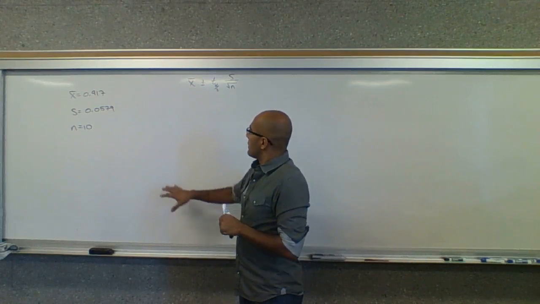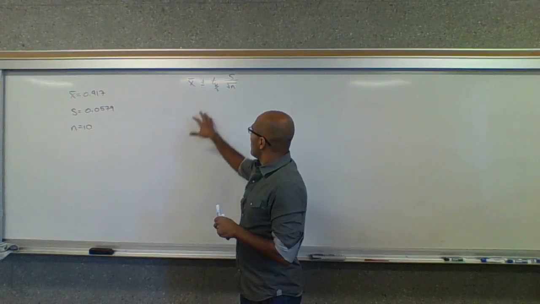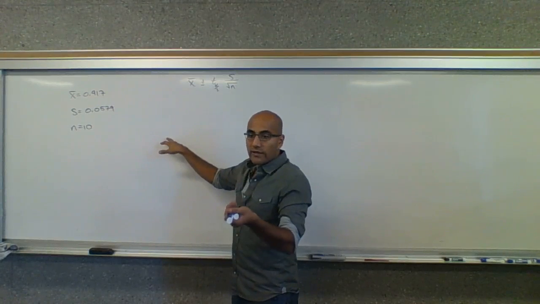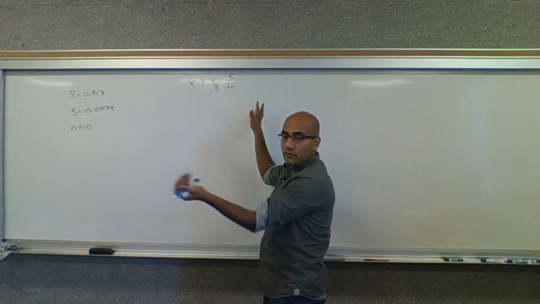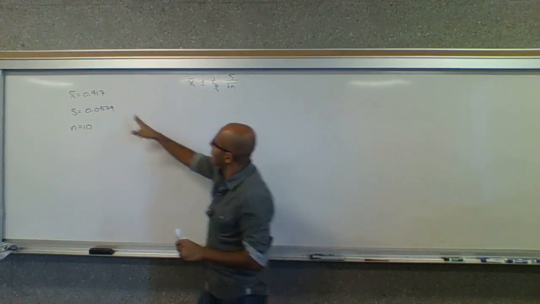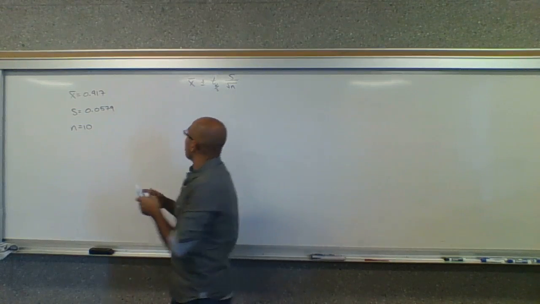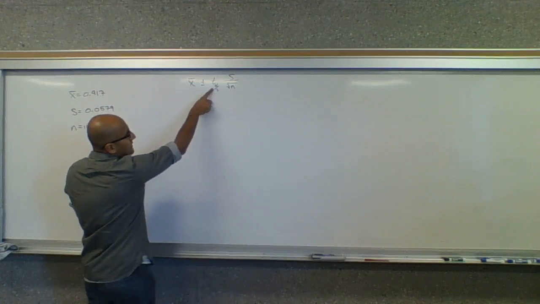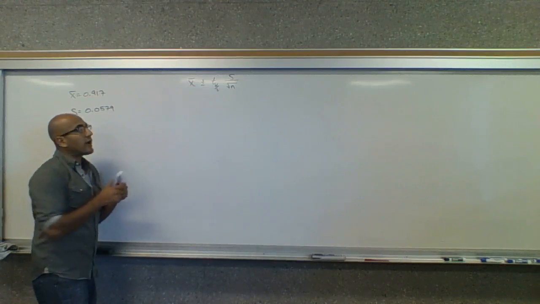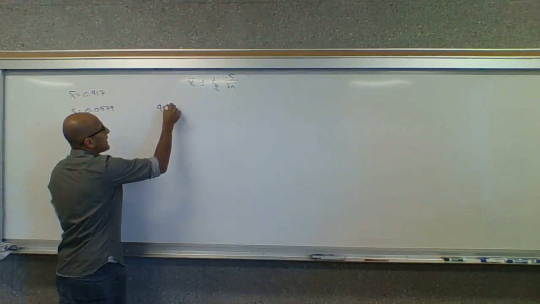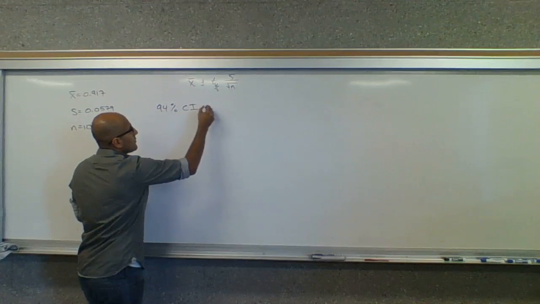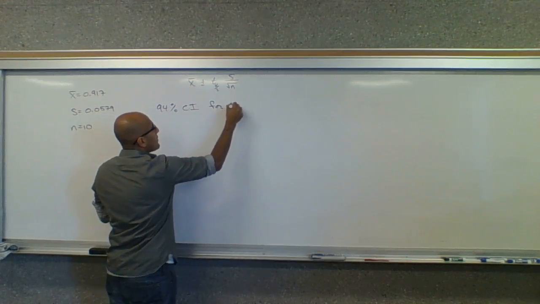So let me move forward. No, that's the standard t-distribution. This is what you're expected to write on that answer sheet. So you haven't really written much: this, and this, and I'm going to go to that now. Because I know I need t sub alpha over 2, I need to know which one I'm constructing, and I'm constructing a 94% confidence interval for mu. So that means I need to draw this.